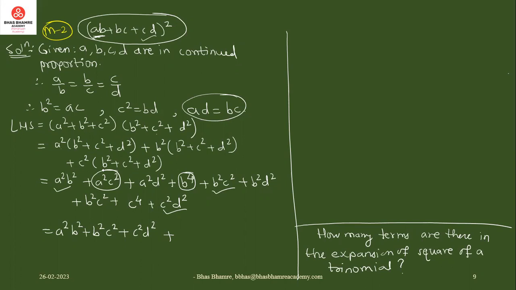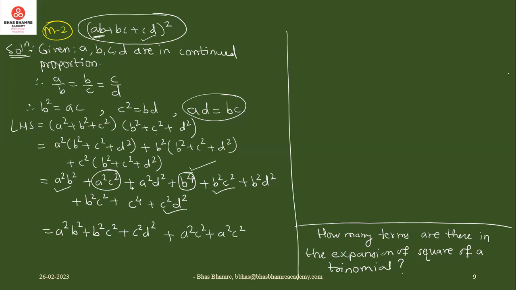So A square C square is B raised to 4, or B raised to 4 is A square C square. So I can put B raised to 4 as A square C square. So I get here A square C square plus A square C square.